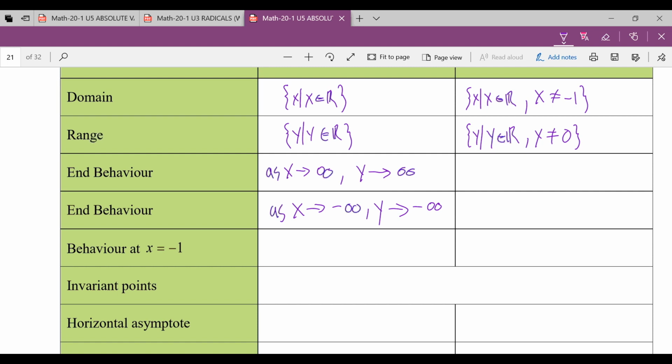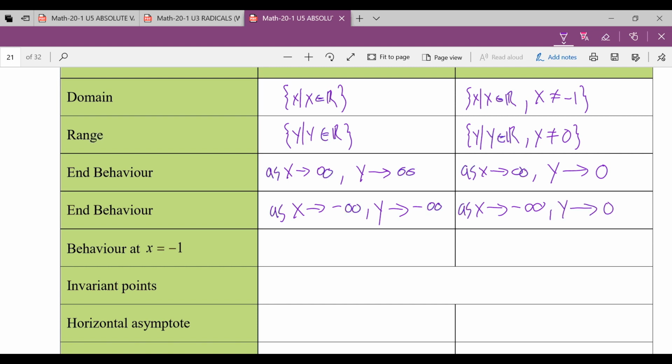Well, in the reciprocal function, as x approaches infinity, y now is going to approach 0. Never going to reach it, but it's going to approach it. And as x approaches negative infinity, y is also going to approach 0.